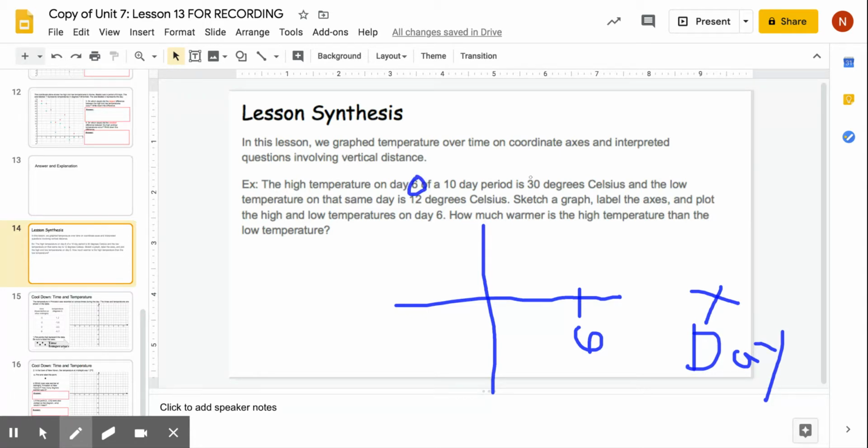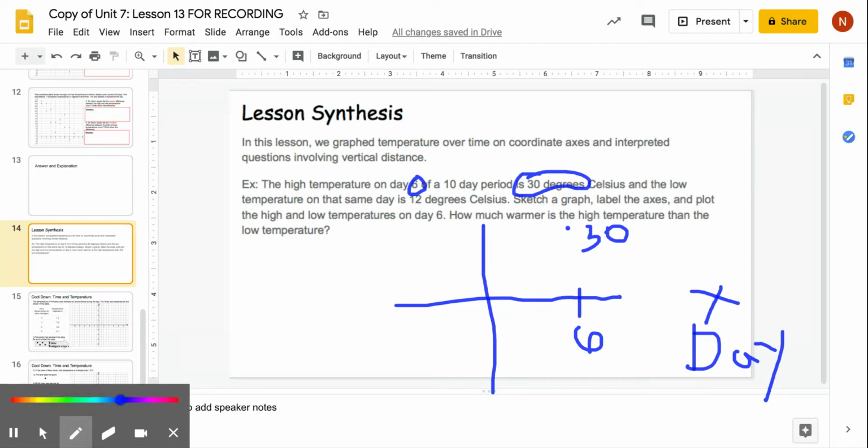And what I know about day 6 is that the high temperature is 30 degrees. So I would put 30 degrees here. And it says that the low temperature on the same day is 12 degrees.